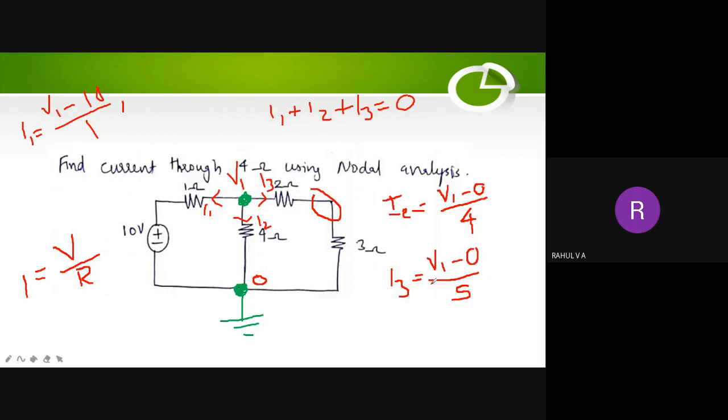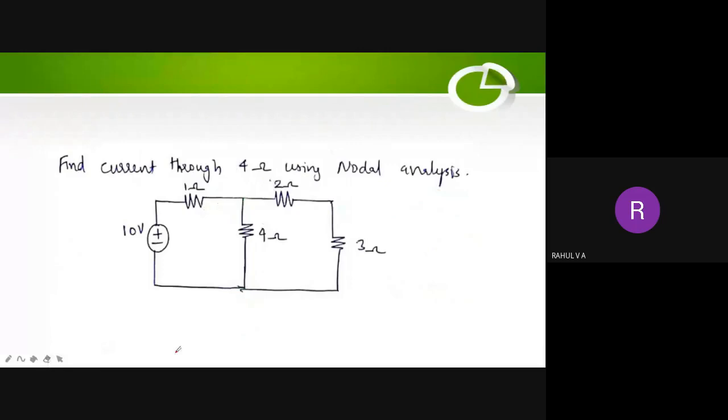Okay. So we have identified, I will start from the beginning. One node means when two or more branches are connected, that is called a node. In this diagram, here the 10 volt supply and the 1 ohm resistor are both connected, so both branches are connected. Here you can mark a node. Here 3 branches are connected: 1 ohm, 4 ohm, 2 ohm. That is also another node.